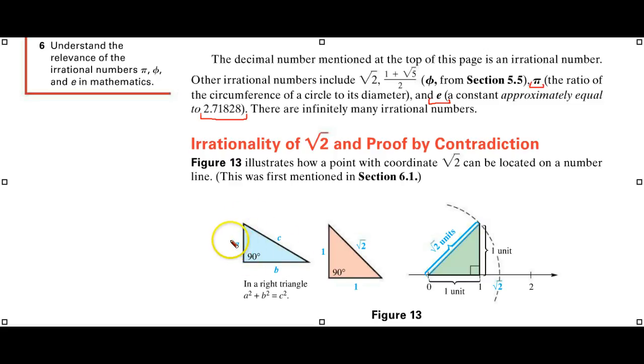And we said if we square the short leg, added to the square of the long leg, it equals the square of the hypotenuse. And we also mentioned that if we had an isosceles right triangle where two sides were equal in length, let's say 1 and 1, then we showed you the work that the hypotenuse was the square root of 2.